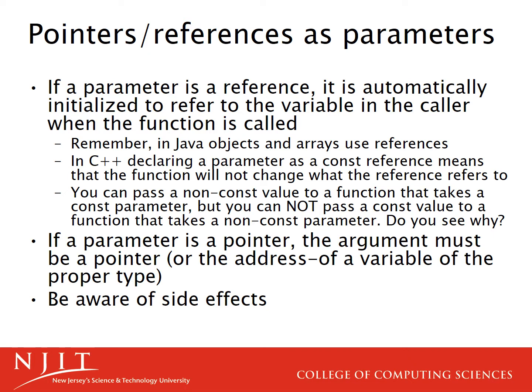I have a variable that's a const, and I don't want that variable to ever change. If I initialize a non-const reference, that means that function might change that variable, but I've declared that variable const, which means I don't want to change it. So if I have a const object and I try to pass that const object into a function that takes a non-const reference, it won't compile.